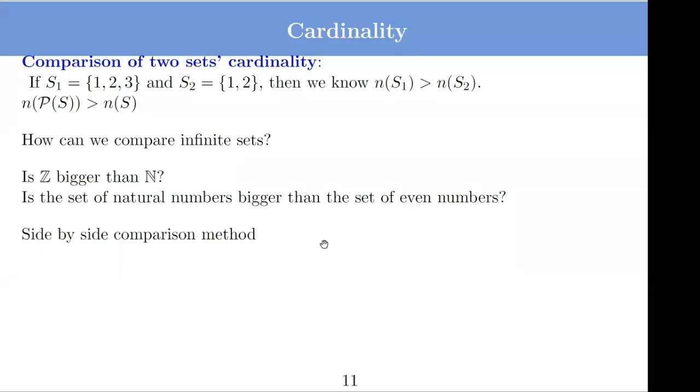If you take one element from A and one from B and put them together, then take another element from A and another from B and put them together, and if B becomes empty first, then A is bigger. This kind of argument can also work for infinite sets, where we do a side-by-side comparison of two sets.